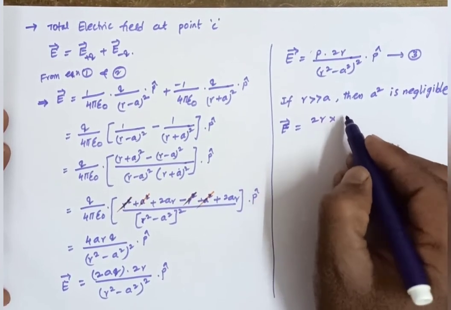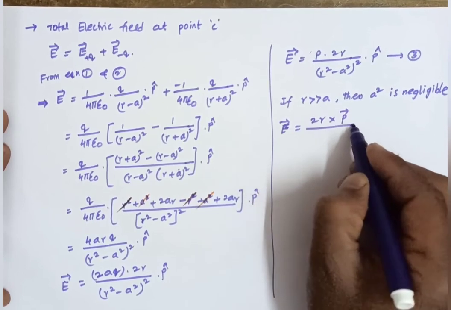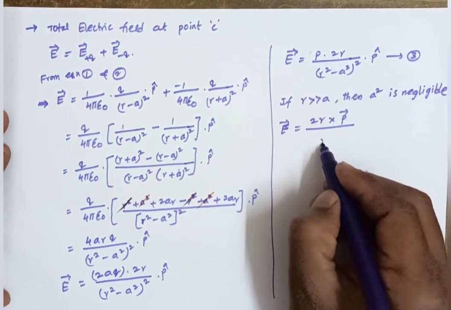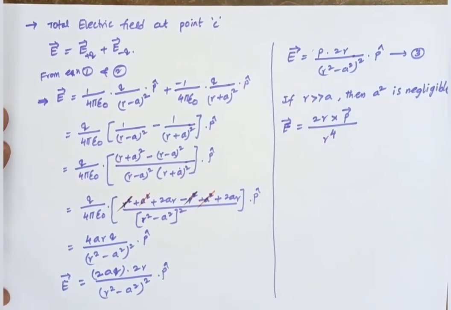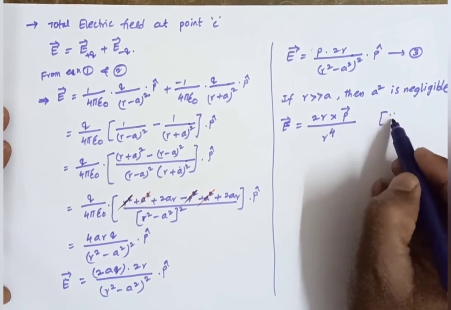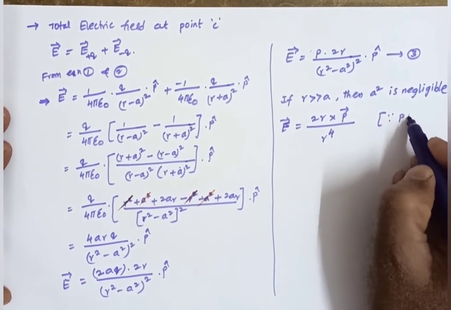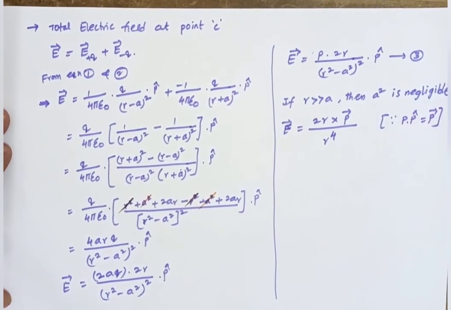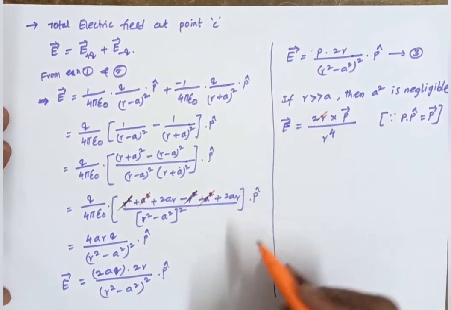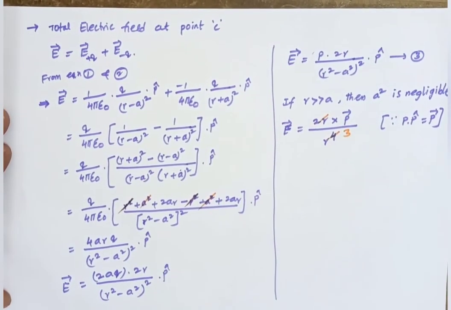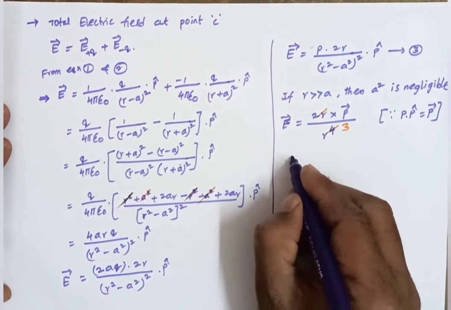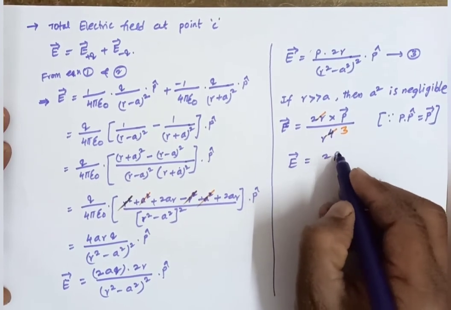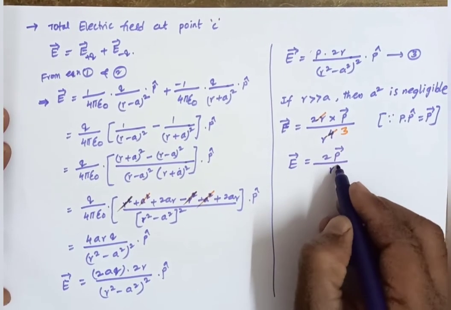So 2R into P bar divided by, since A square is negligible, R power 4. Since P into P cap equals P bar, R cancels with one power, leaving R cube. Then E bar equals 2P bar by R cube.